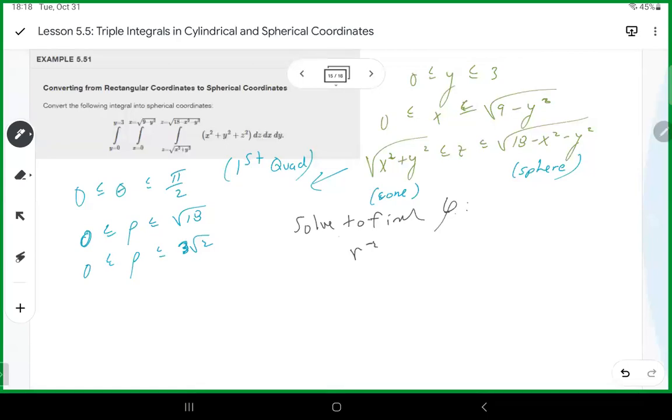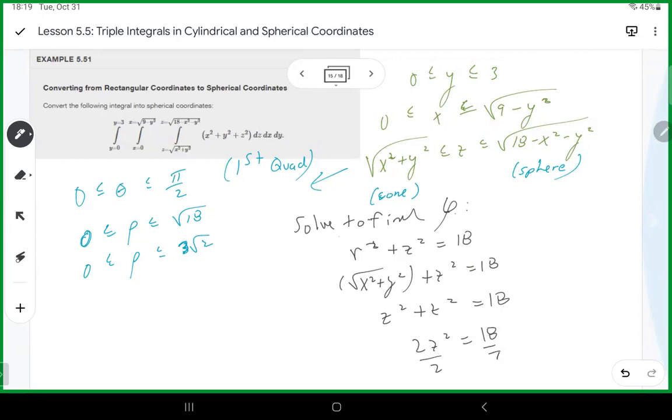So r squared plus z squared equals 18. Replace that with x squared plus y squared plus z squared equals 18. So that's going to be z squared plus z squared equals 18. So that's the same as saying 2z squared equals 18.